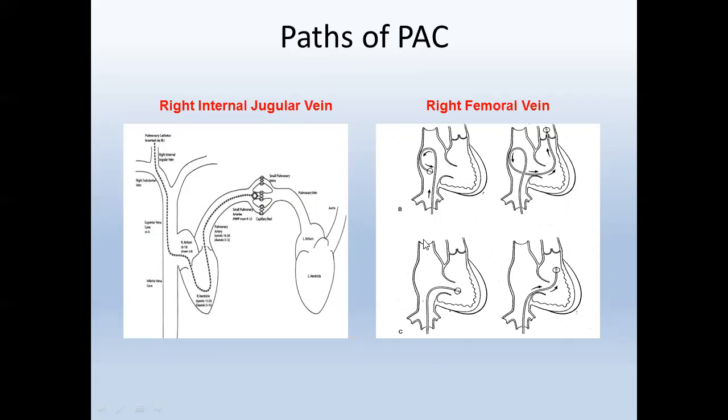Now, from the leg, there are multiple ways you can go. You can go the 2 ways, right? This is the most common way. You go from the femoral vein into the IVC, right atrium, and then you go into the pulmonary artery like this. So what is the common mistake we make?